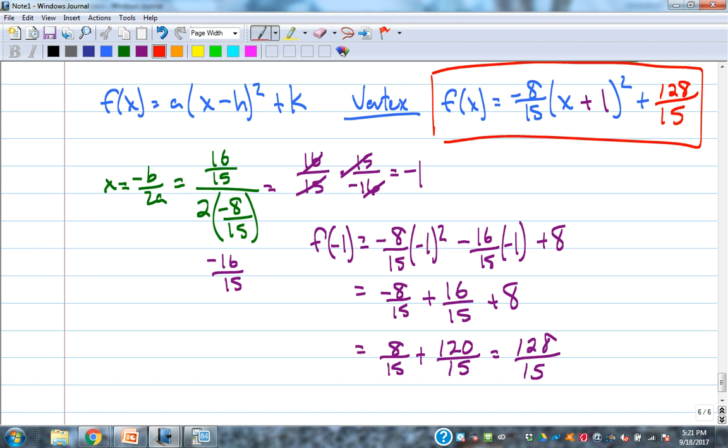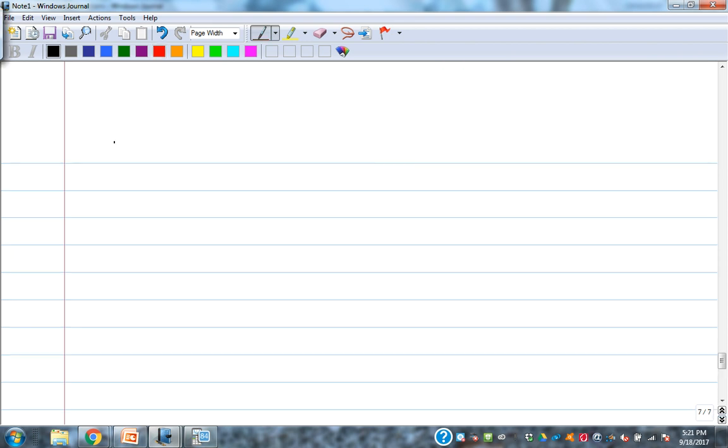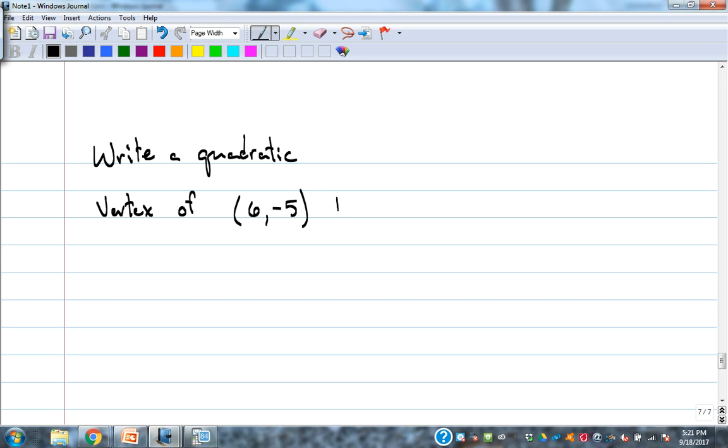Okay. All right. Now let's get one where we start with vertex form. So let's say we're going to write a quadratic, and then I'll show you the calculator thing, with a vertex of (6, negative 5) through (0, negative 12).